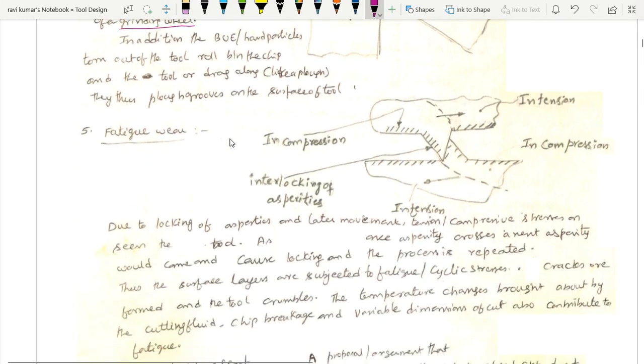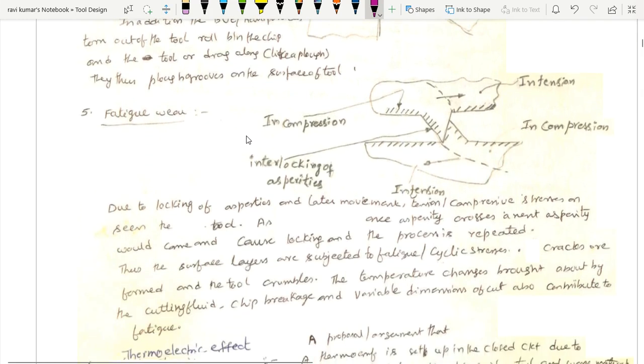The next mechanism of wear is fatigue wear. If we talk about fatigue wear, we should understand that there is a sort of interlocking of asperities. The real contact between the tool surfaces and the work surfaces is by interlocking of asperities. This interlocking of asperities results in a sort of fatigue.